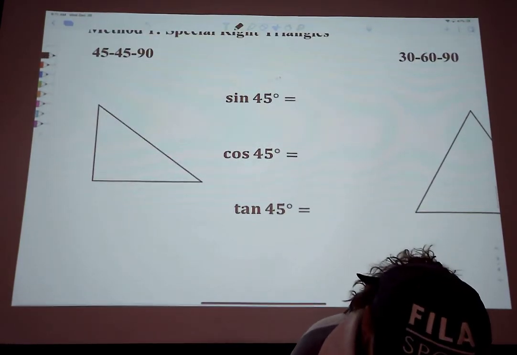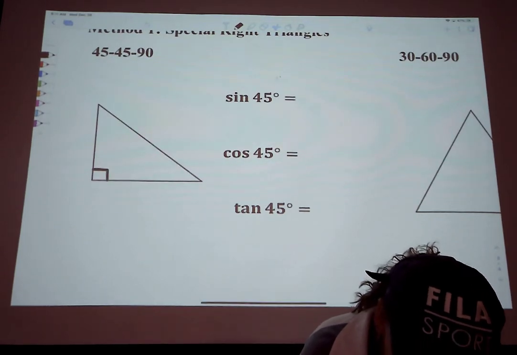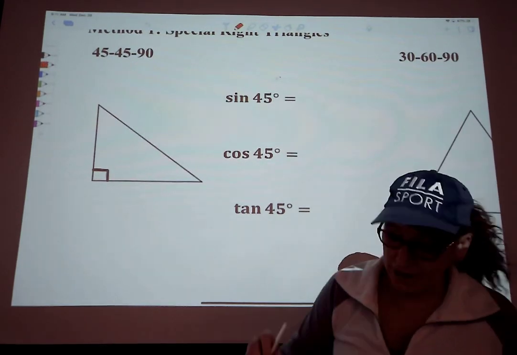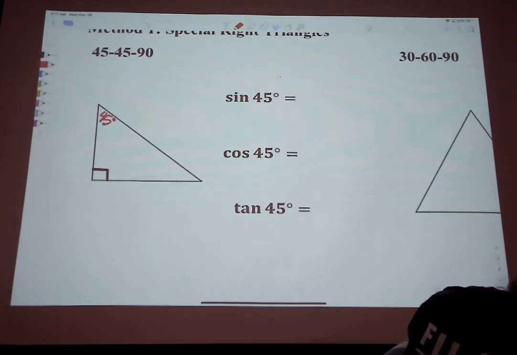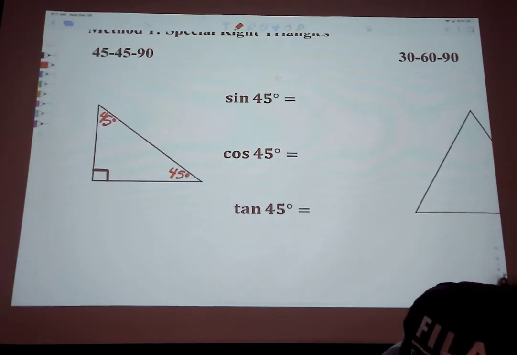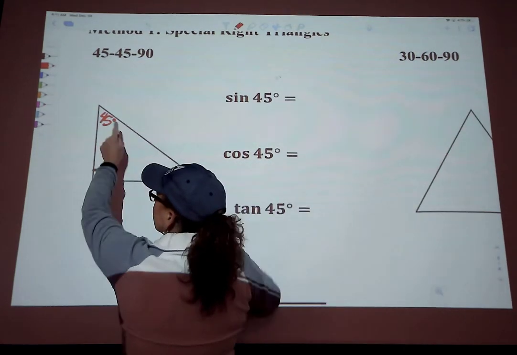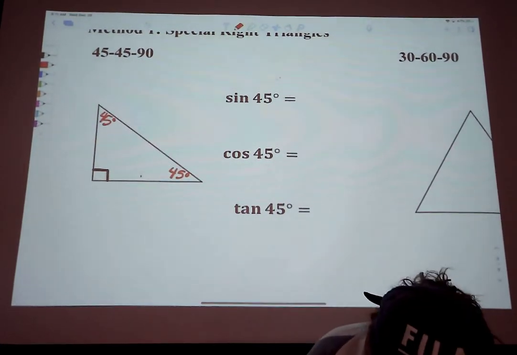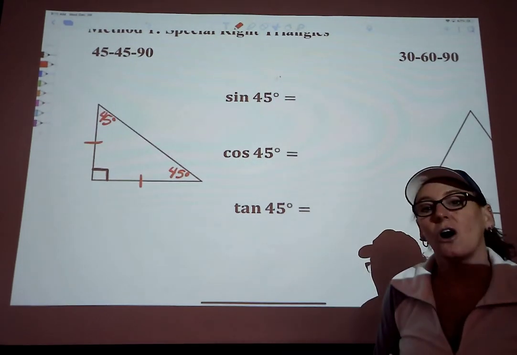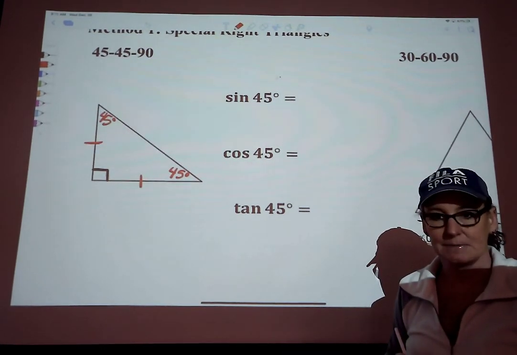So, we got our 90-degree angle. The other two angles are 45 and 45, which means, you know what? It's not only a right triangle, it's a right isosceles triangle, which means my legs of the triangle are congruent.